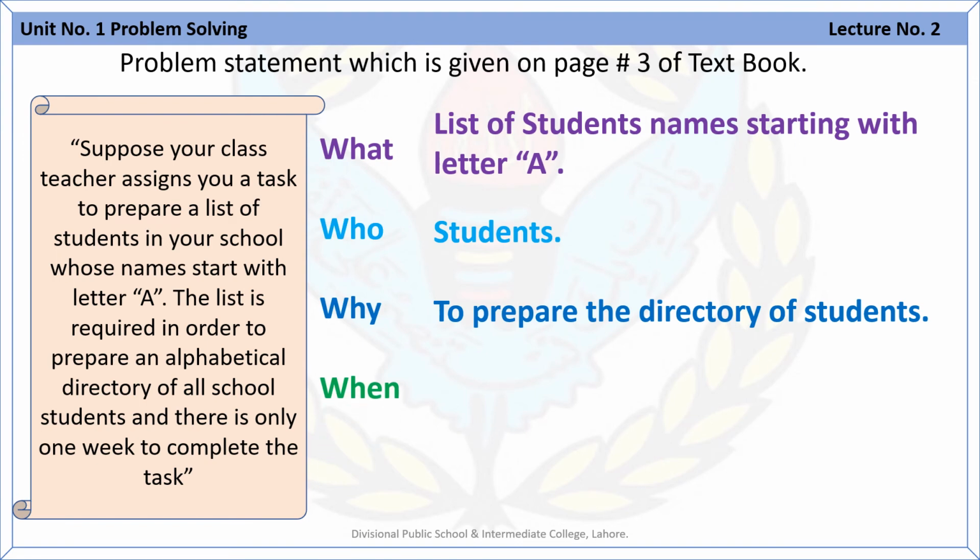Fourth, when? We have to perform this task within a week. Fifth, where? Here you find the location or place, obviously school. To sum up, the 5 W's is an outstanding method for better understanding of a situation.